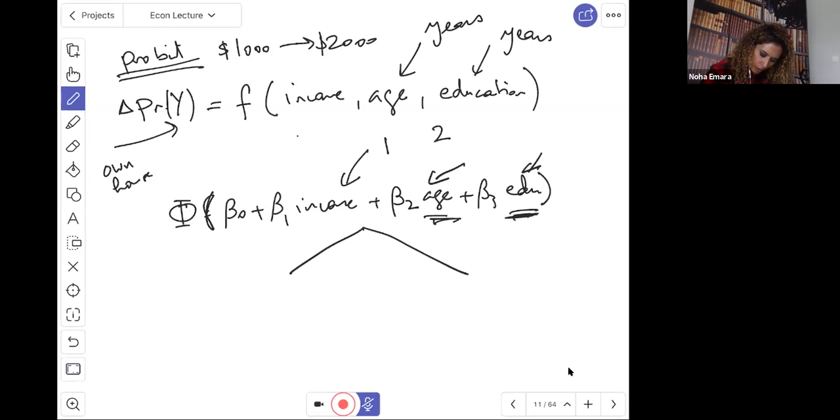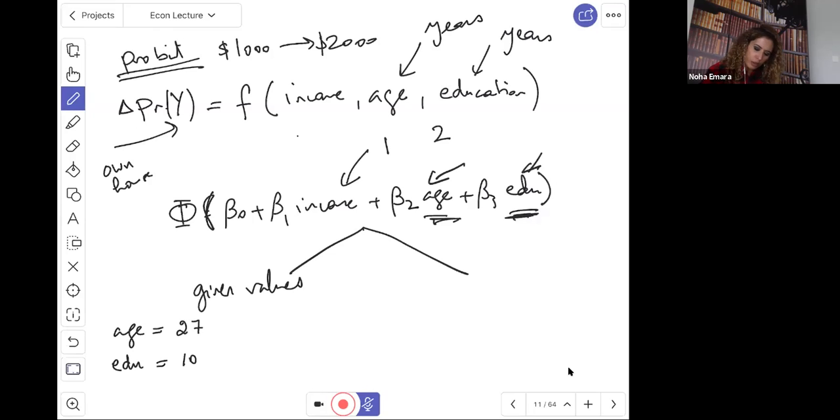The options are, I'm going to give you some values, right? So given values. For example, I'm going to tell you age is equal to 27, education is equal to 10 years of schooling, okay?